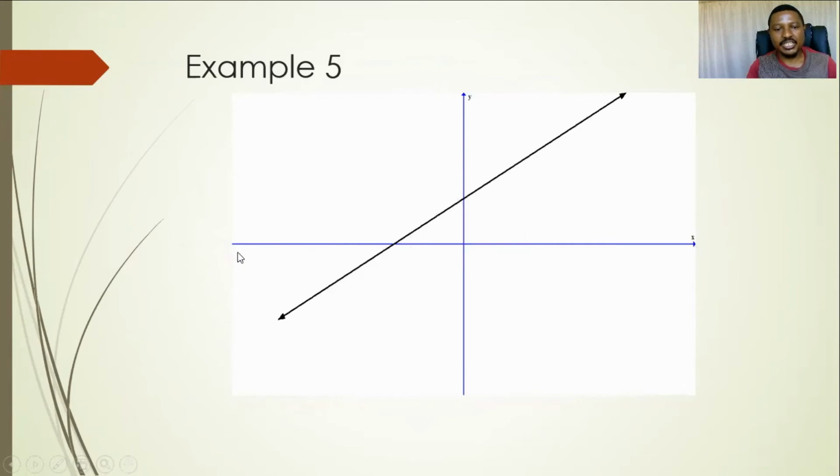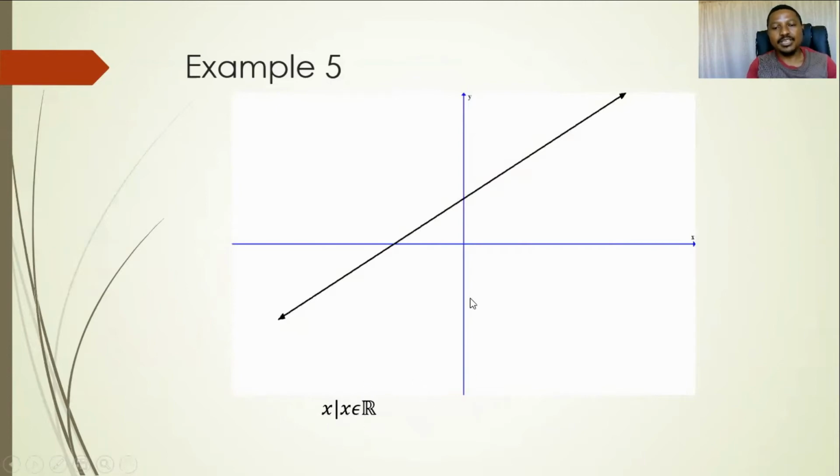So this function is defined for all of x. Hence we can write the domain, if we use set builder notation, in this way: x such that x is an element of real numbers. Some learners do not write x such that, you just write x an element of real numbers. You are also correct if you write it in that way.